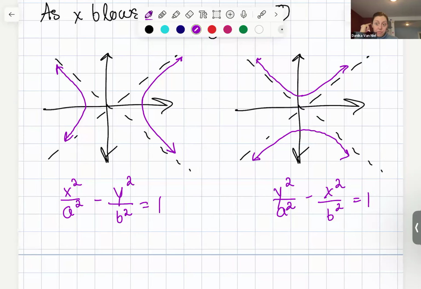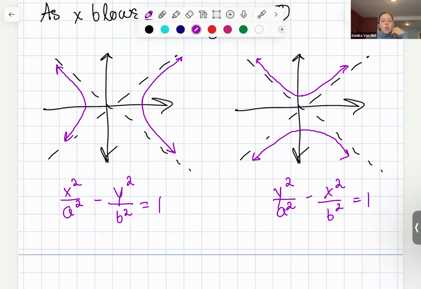For this first one, without looking at the drawing, by just looking at the formula, we can tell that x can't be 0. Why is that? Well, remember that because we're squaring x or squaring y, we can never have a negative number. We can have 0, we can have positive numbers, but we can't have a negative number.